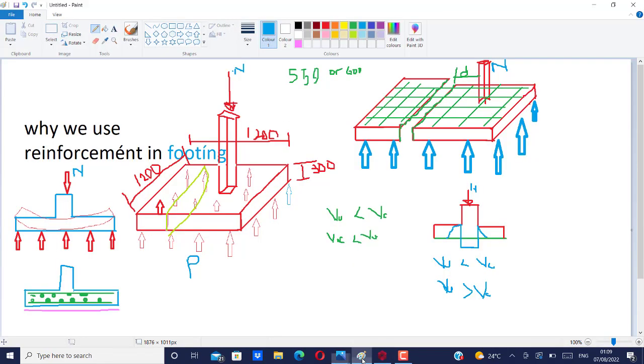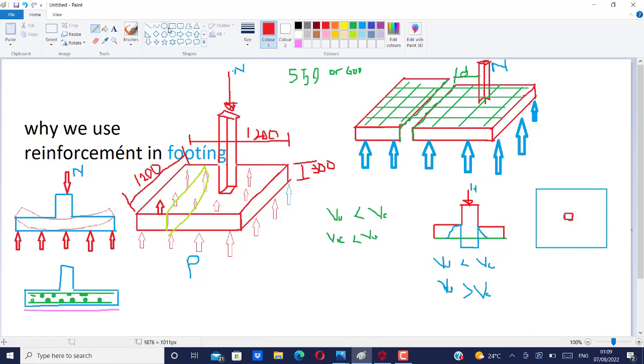And let me try to explain here. For this to happen, when it punctures, the code is telling us that this puncture can take place as follows. This is our column. Let's take the center here.